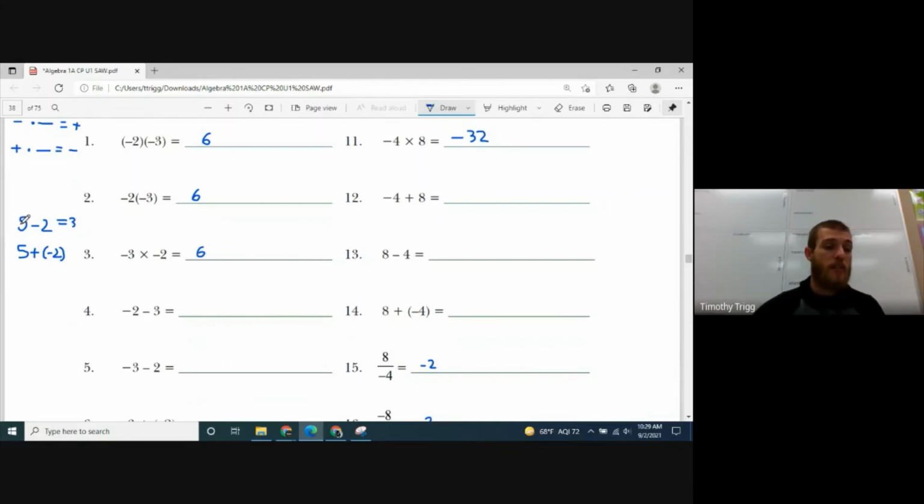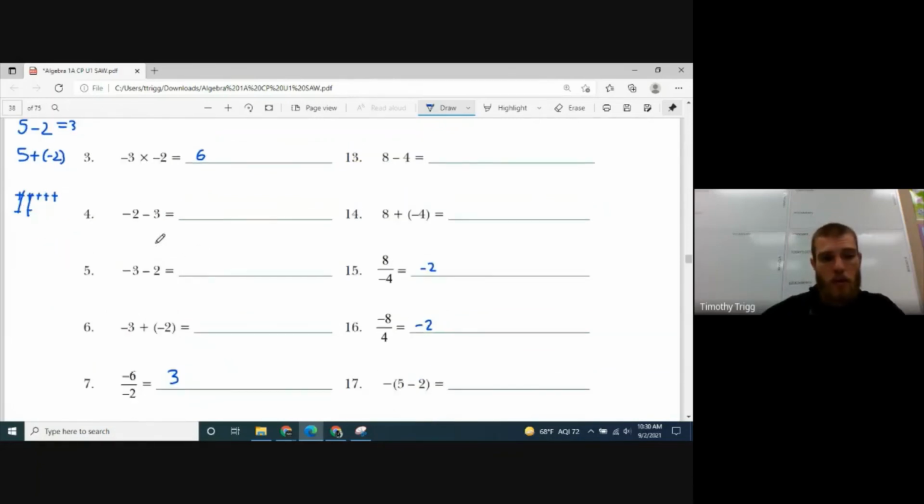Essentially, this 5 is 5 positives, and this 2 is 2 negatives, and you're going to be left with 3 positives. They cancel each other, okay? Just like if I had 5 positives and 2 negatives, notice that you'd be left with 3 positives, okay?